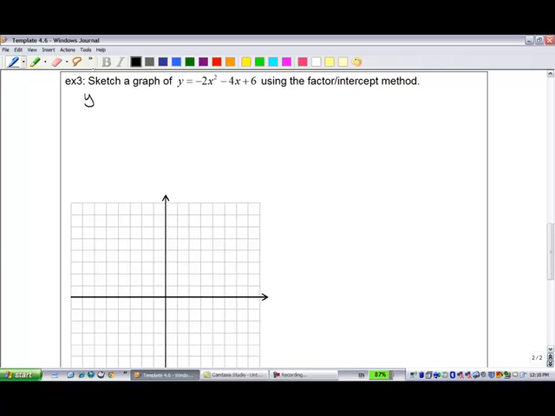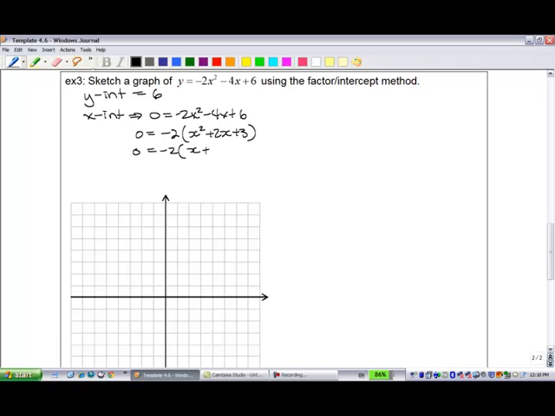So if we start with the y-intercept, it's just the constant, which is 6. The x-intercepts are going to come from letting it equal 0, so negative 2x squared minus 4x plus 6. One of the easiest ways to do this is to factor out a negative 2, leaving us with x squared plus 2x plus 3.